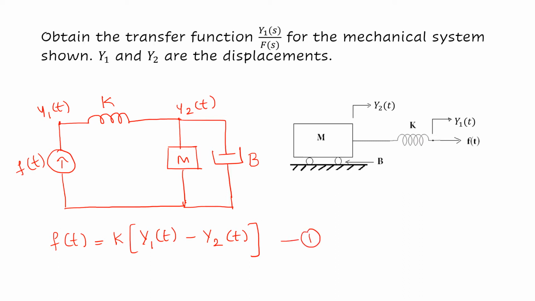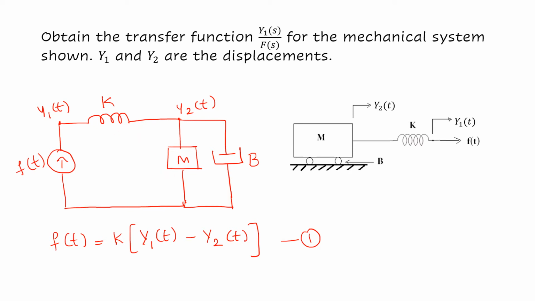The second equation is by considering node y2. You have three elements: the mass m, the damper b, and the spring k.